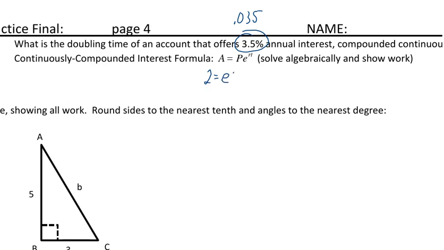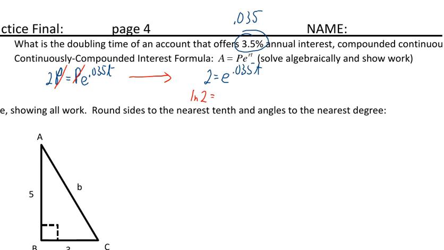But it comes from, I'm starting off with a certain amount of money. I'm earning continuously compounded interest, and the rate is 3.5% per year. I want to double my money. But when I divide both sides by the original amount, it turns into this. And I like to look at this as rewriting the equation, but you can look at it as taking the natural log of both sides. I take the natural log of the left side, and when I put a ln in front of the right side, it cancels out the e.